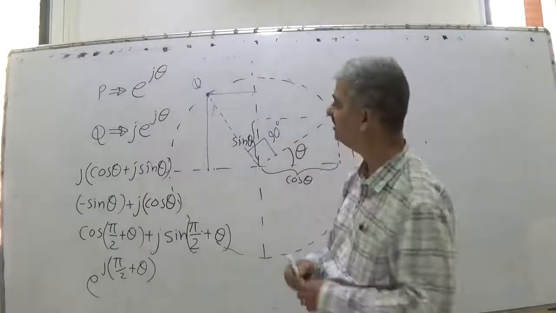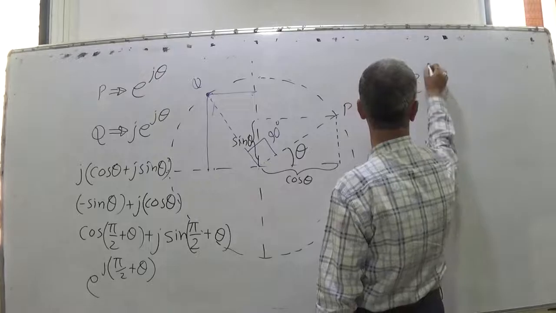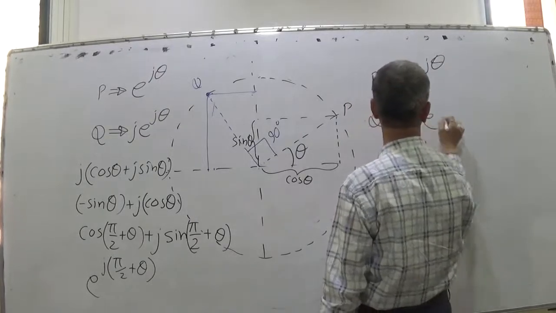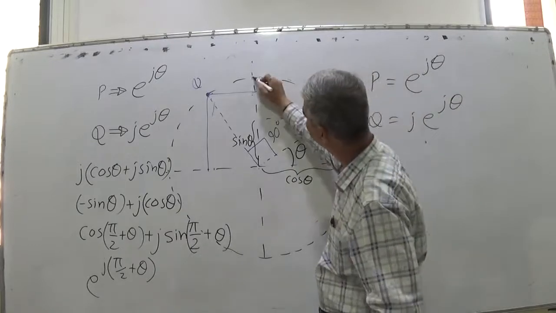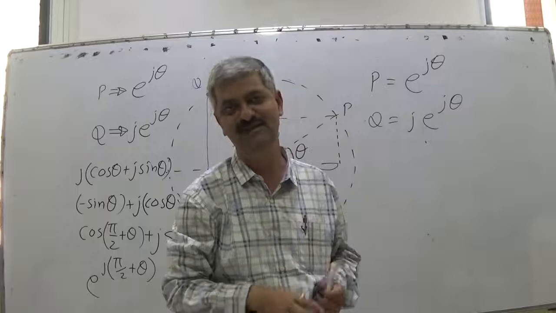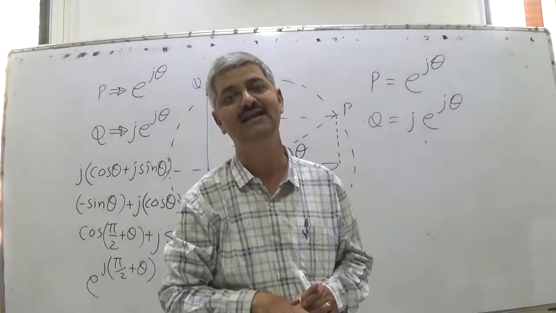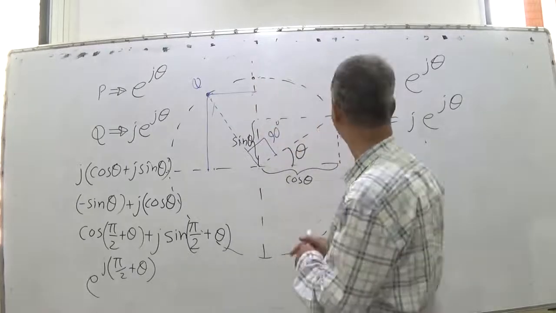I explained by this method, and there is one more method. What is the question? P is equal to e raised to j theta, one point. Q is equal to j into e raised to j theta. So what is j? j is this point. Can I say that j itself is a point on the unit circle at an angle of 90 degrees?